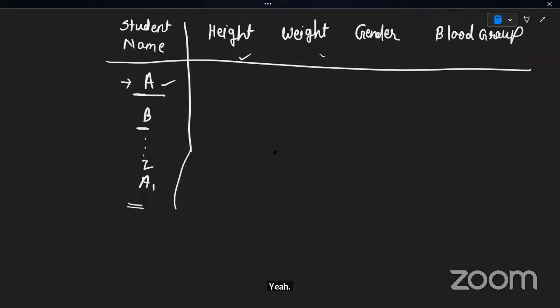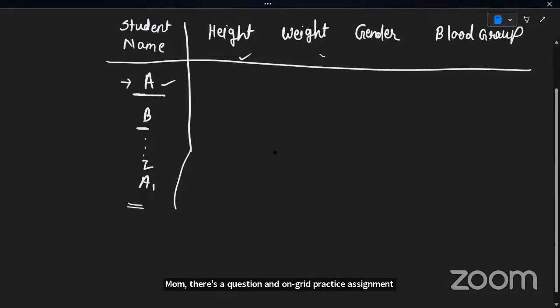Ma'am, I have a question. There's a question in the non-graded practice assignment on the difference between inferential and descriptive statistics, on COVID-19 data and people living in Chennai.